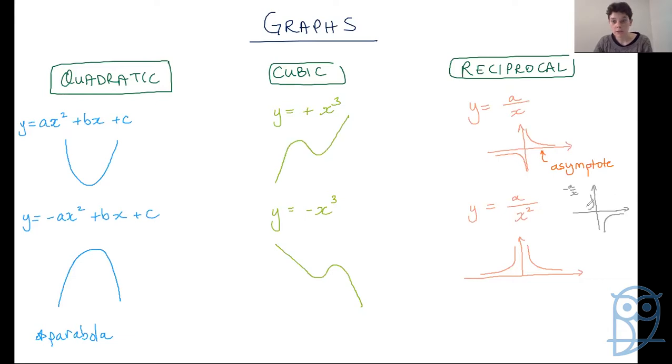So it will come up. Then minus a over x squared would do the same exact thing. Instead of positive outputs, everything would be negative outputs. So it's just going to flip. We're effectively reflecting in the x-axis.